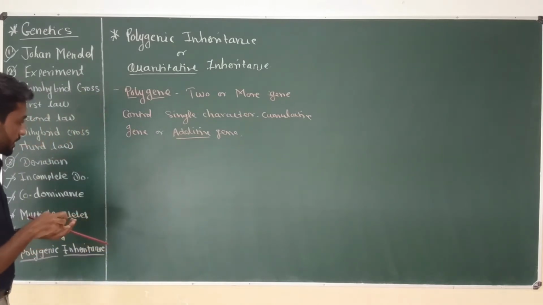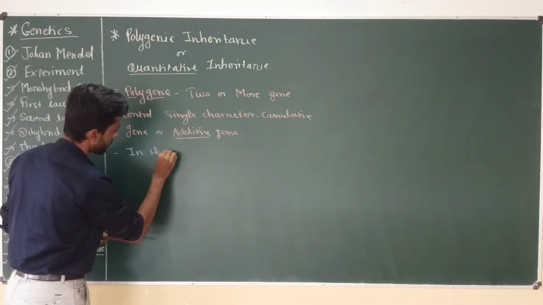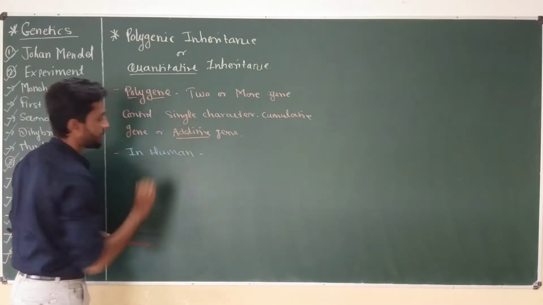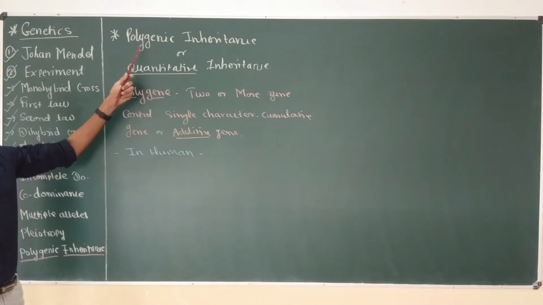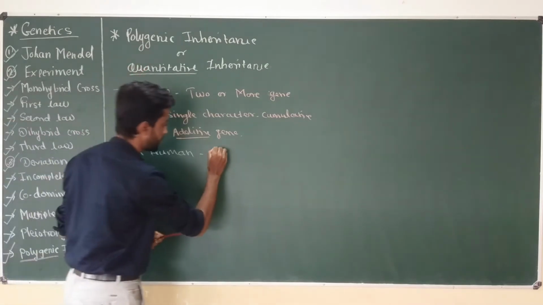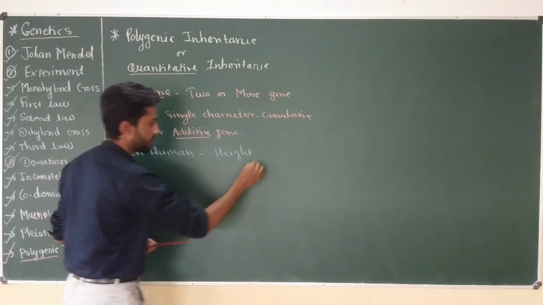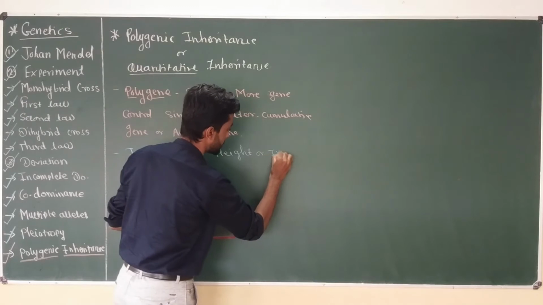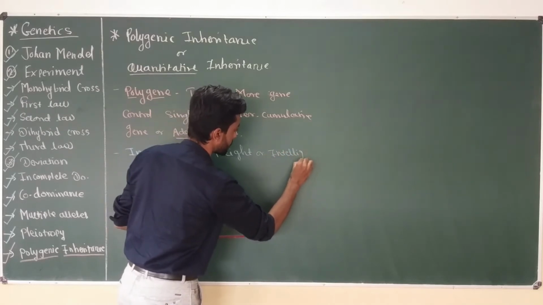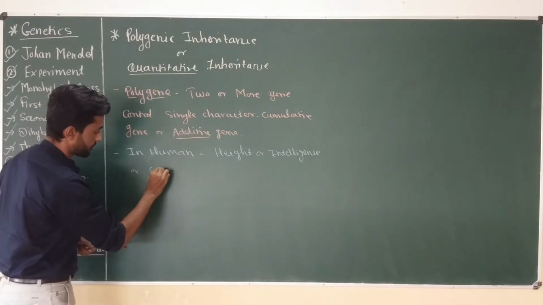Now in humans we can find many examples of polygenic inheritance or quantitative inheritance, like height, intelligence, or skin color.